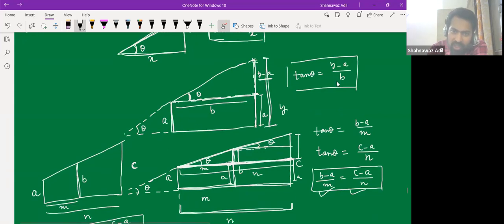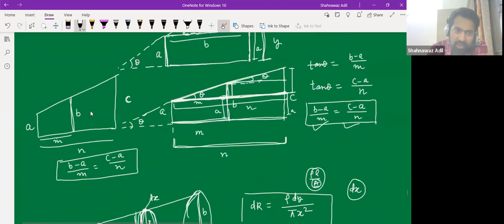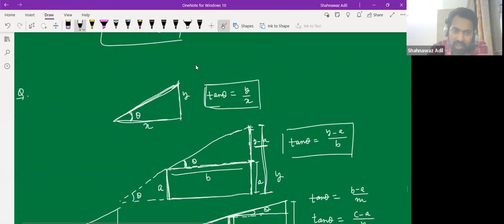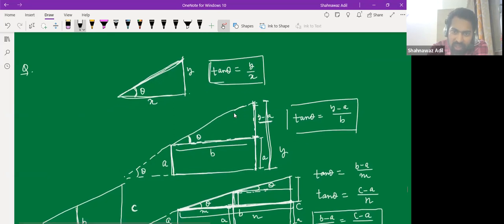This we did, and after that we talked about the slope of this kind of geometrical structure. So from slope, this is what we did, right? Slope is tan theta, which is y by x. Now we are calculating the slope of this quantity.